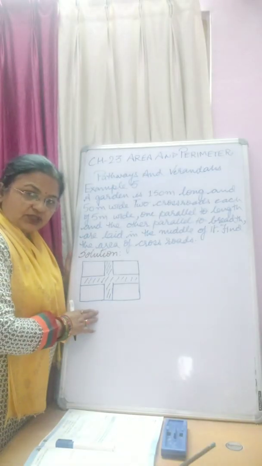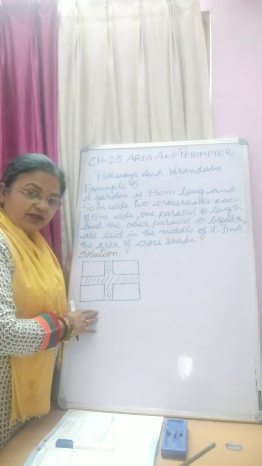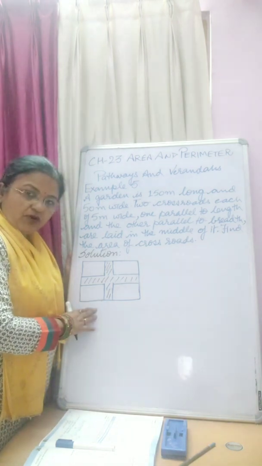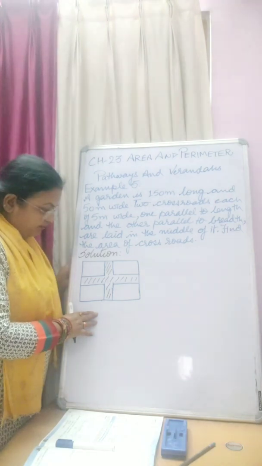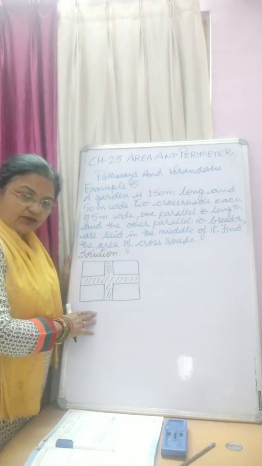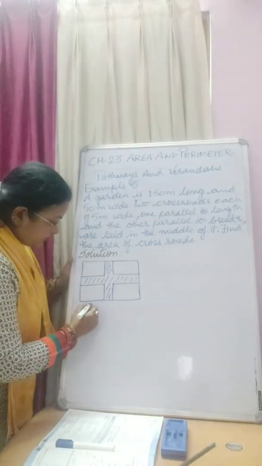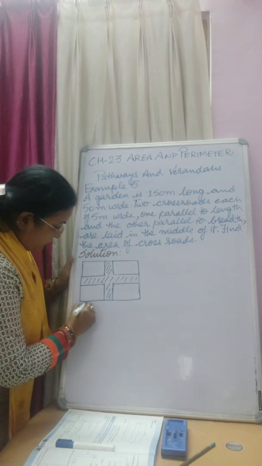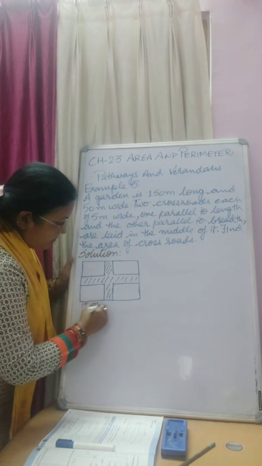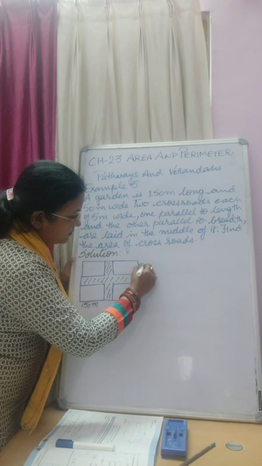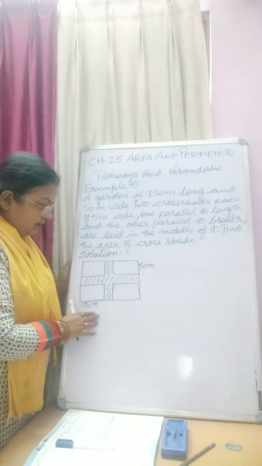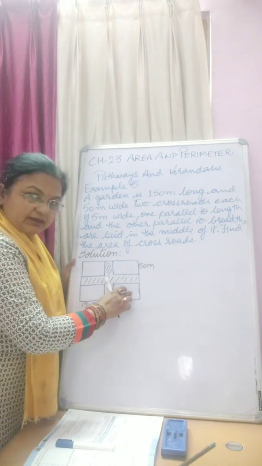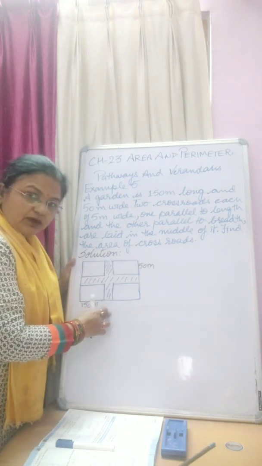For all such questions, to find out area, we have to draw a geometrical figure, be it rectangle or square. Now here it is a rectangular field with length 150 meter and breadth 50 meter. Now two crossroads are to be made here, one parallel to the length and another parallel to the breadth.